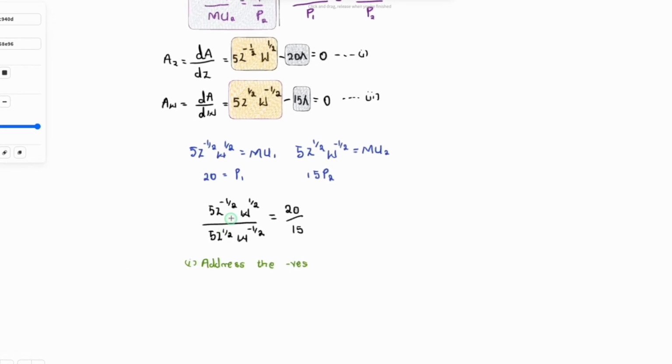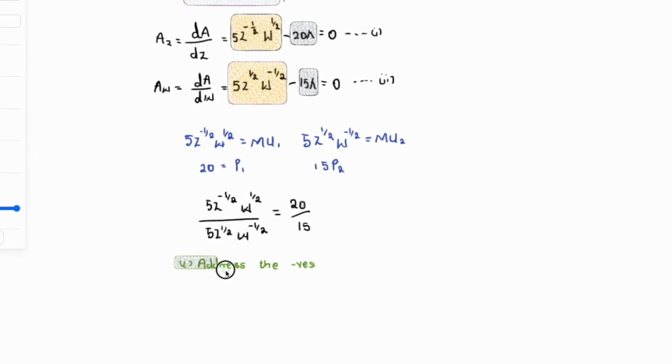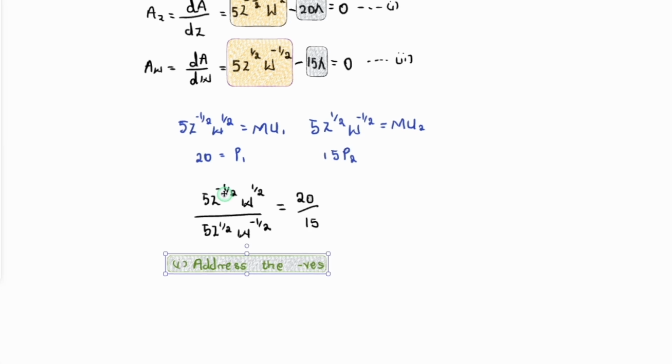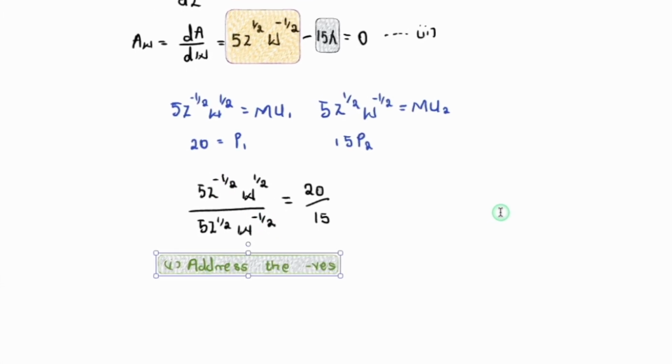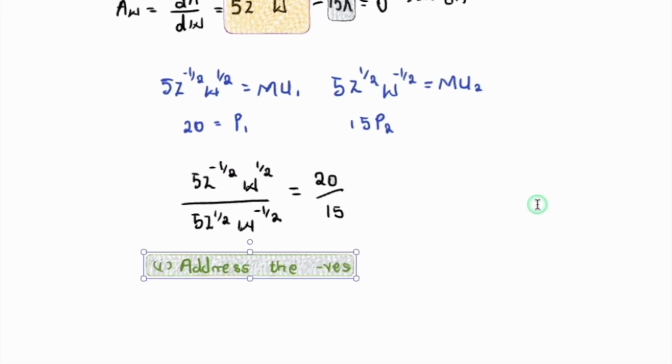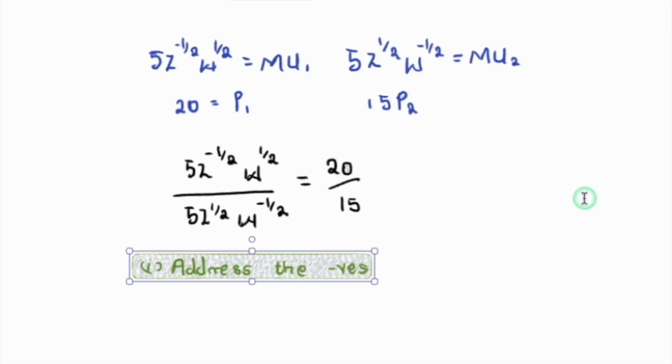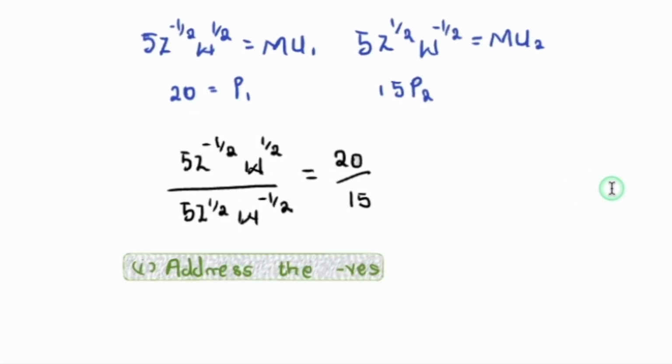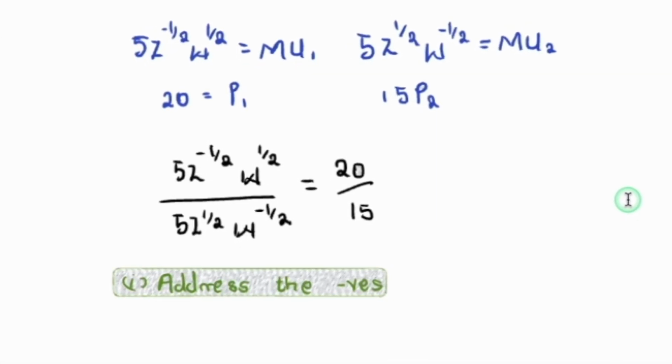When you look at this particular equation, you can see that it doesn't look that friendly with its negative powers, but we can address the negatives. And how do we address the negative functions? There's essentially a rule of indices, which normally tells us that when the powers switch positions, if it's a denominator, make it a numerator. If it's a numerator, make it a denominator.